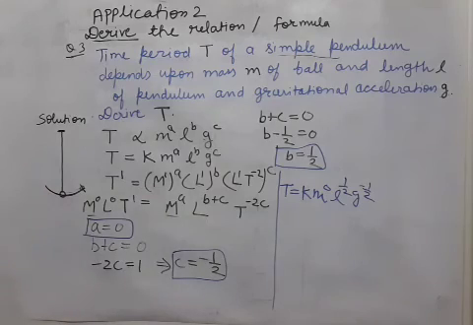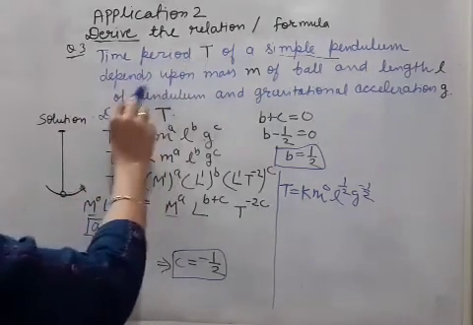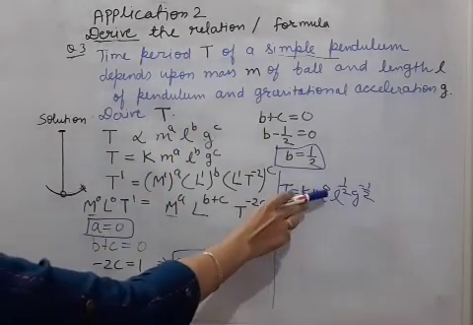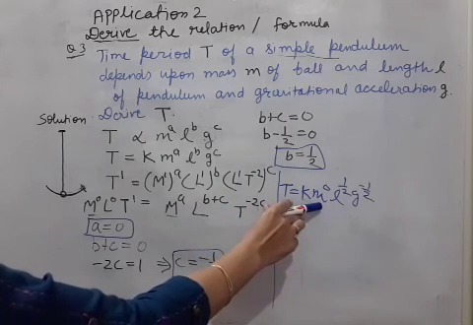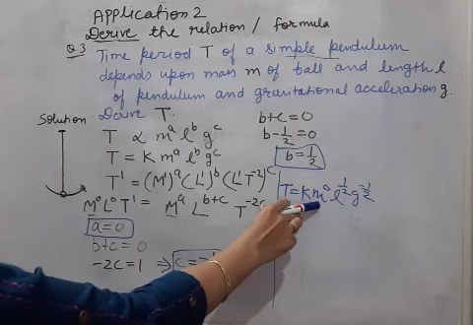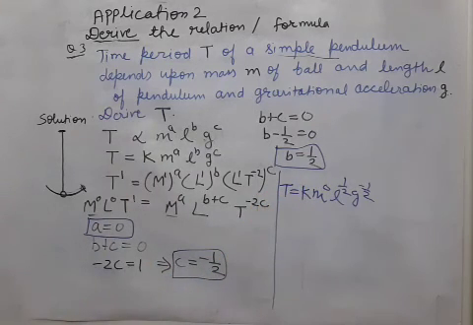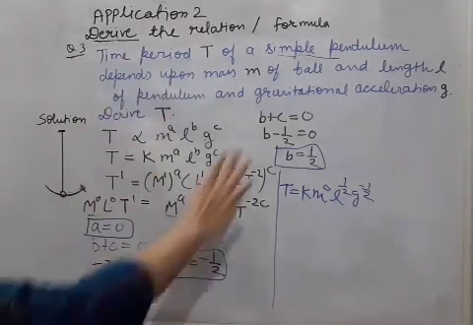Now the interesting thing to note here is that it was told in the question that T depends upon mass m of the ball. But you see, we have got m power 0. That means time period actually does not depend upon mass of the ball of the pendulum. Okay, it does not depend upon mass.